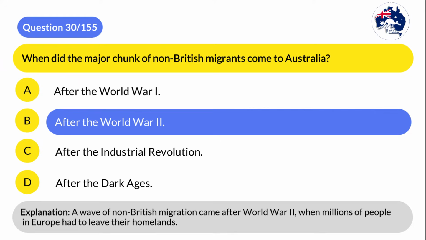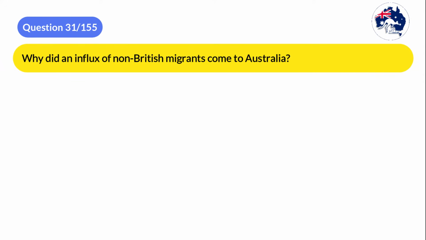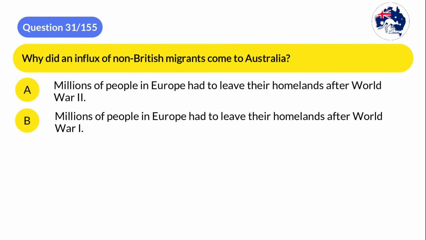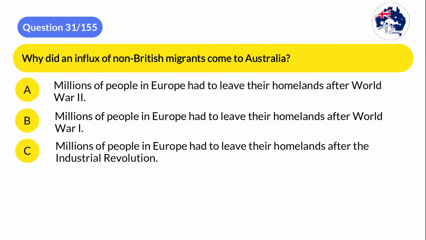Question 31. Why did an influx of non-British migrants come to Australia? A. Millions of people in Europe had to leave their homelands after World War II. B. Millions of people in Europe had to leave their homelands after World War I. C. Millions of people in Europe had to leave their homelands after the Industrial Revolution.